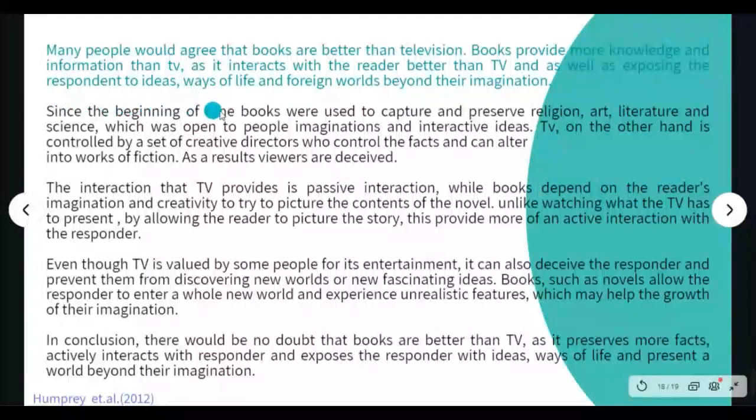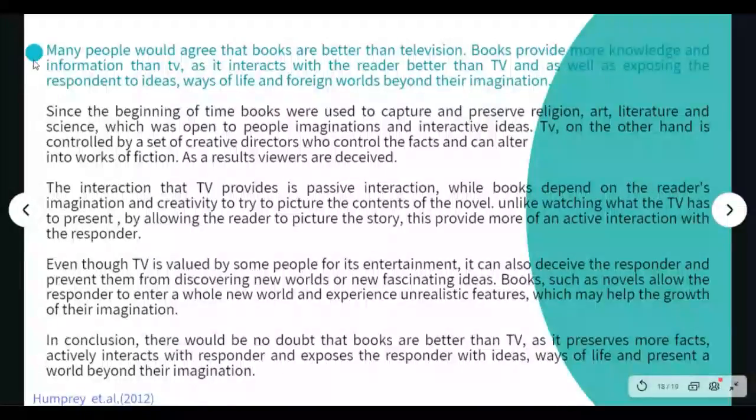Many people would agree that books are better than television. Books provide more knowledge and information than TV, as it interacts with the reader better than TV, as well as exposing the respondent to ideas, ways of life, and foreign worlds beyond their imagination.